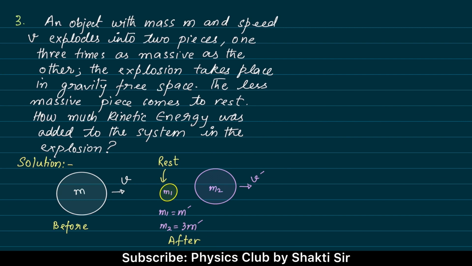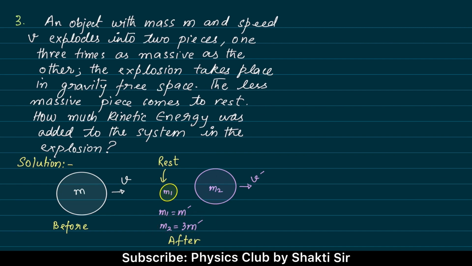So the situation is drawn already. We have a mass which is moving with some velocity v. This is before the explosion, so we can easily calculate the initial momentum, m multiplied by v. After the explosion, we have a smaller mass and a larger mass. According to the question, the larger mass is 3 times the smaller mass, so m2 is equal to 3 times m1.